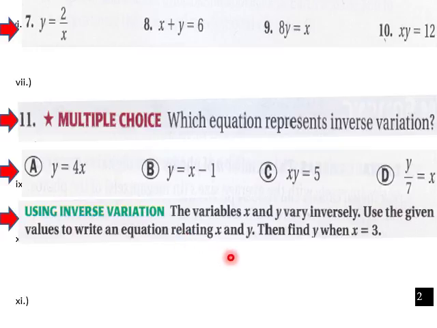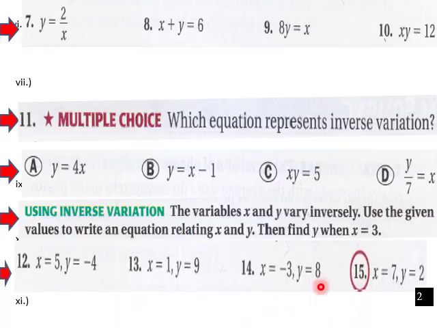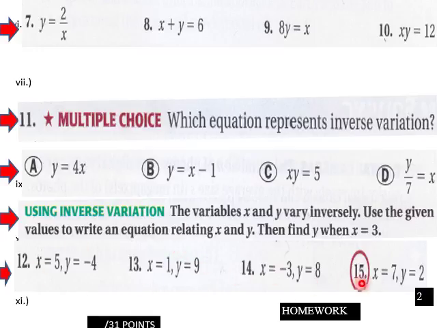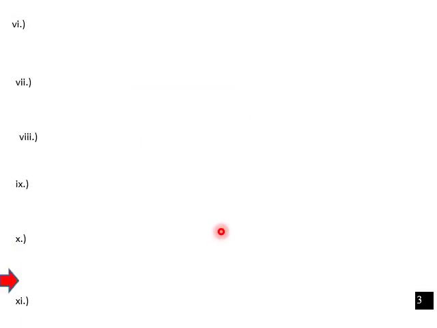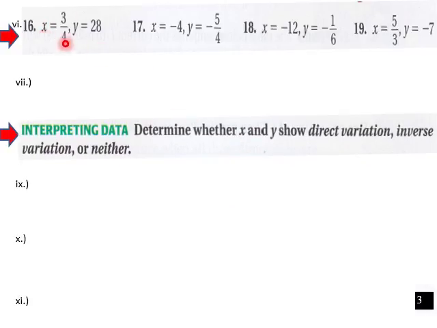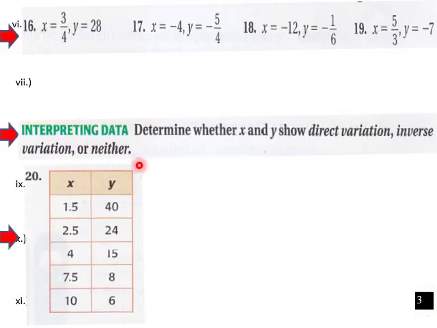Using inverse variation, the variables x and y vary inversely. Use the given values to write an equation relating x and y. Then find y when x equals 3. So we have to use our formulas here. Same thing here. Interpreting data, this is page 3 of the homework.